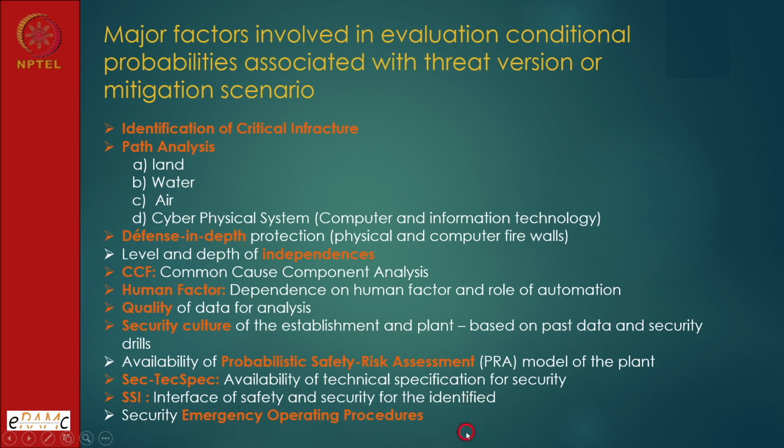A security emergency operating procedure should be there, and in today's era it should be a computerized procedure to the extent possible, so that the status of whatever is going on at one location is available at other locations also, and there is complete communication. Communication becomes a very important part of security risk assessment.